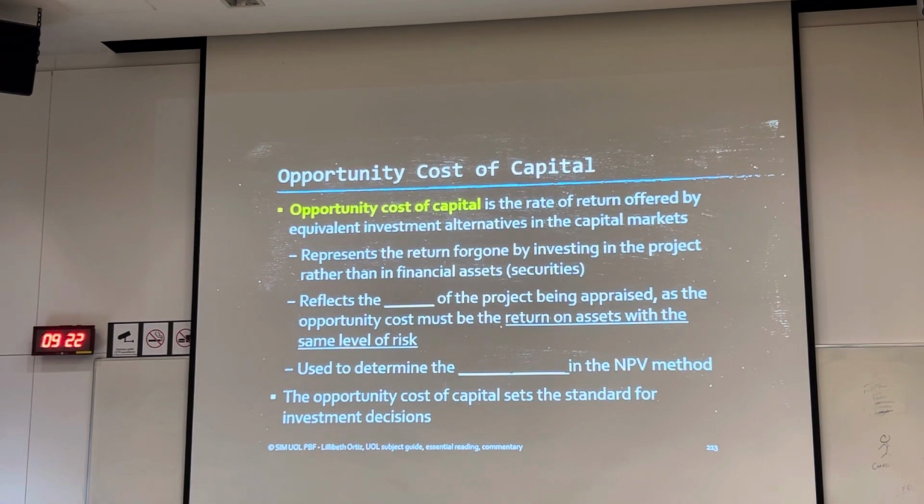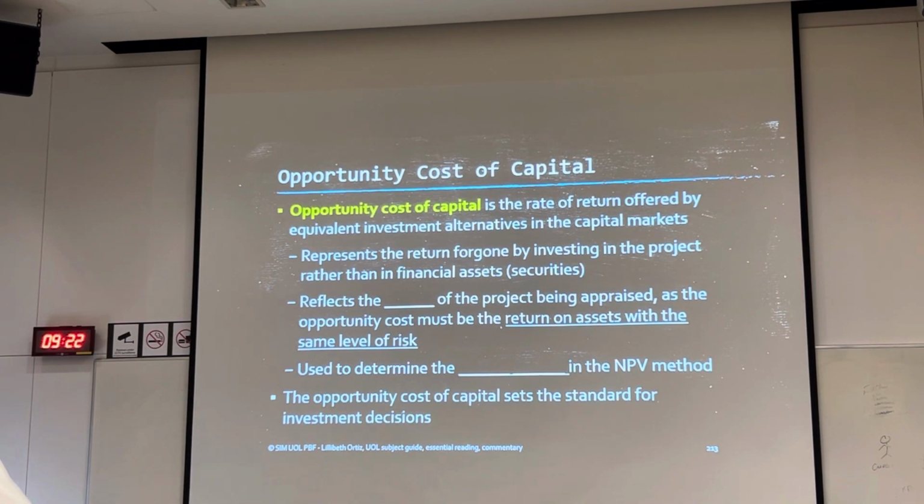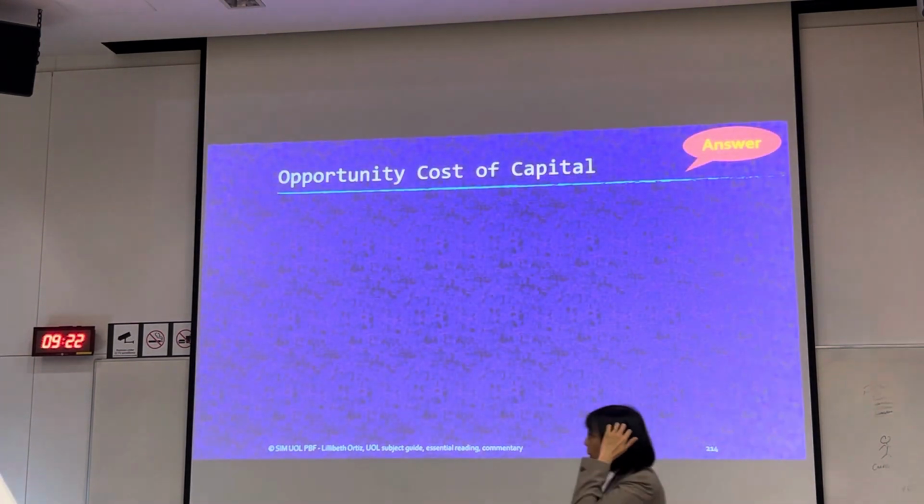That's why it's your opportunity cost, because you could put your money in that investment in the market instead. So this is how much return you could be getting if you put your money in the market for projects with the same risk. So that's why it's kind of an objective measure. That's how much you get in the market.